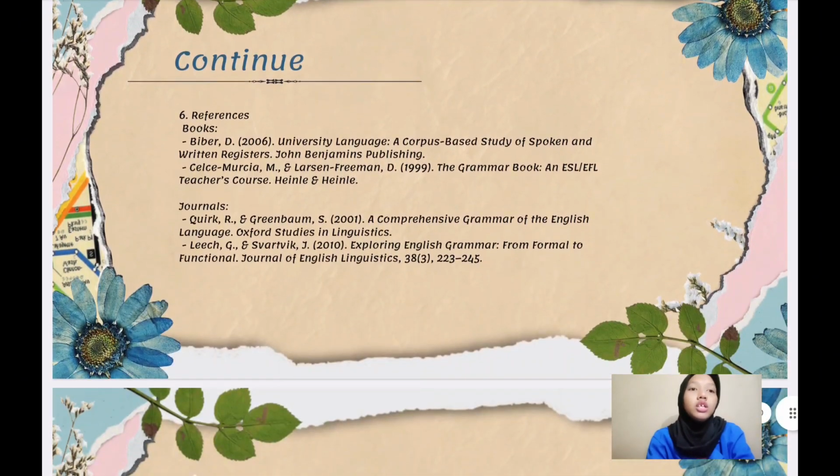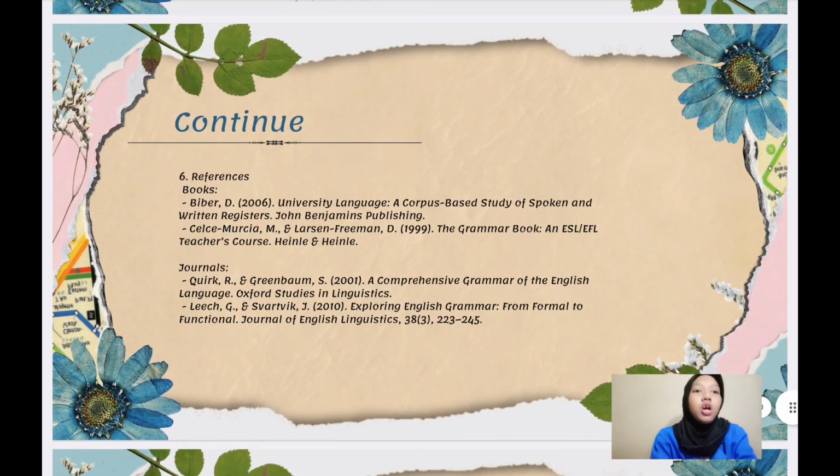Okay, to the conclusion. To summarize, a compound complex sentence combines coordination and subordination in one structure.